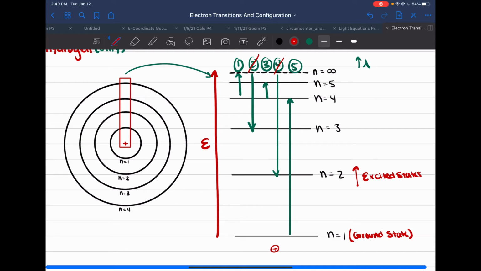But if you remember, this isn't a y-axis in terms of wavelength, it's in terms of energy. So what did we say the relationship was between wavelength and energy? Inversely proportional. So as our energy is smaller, our lambda is larger.